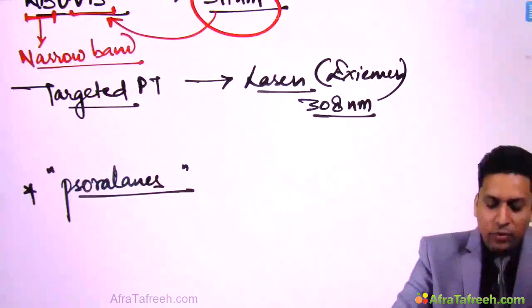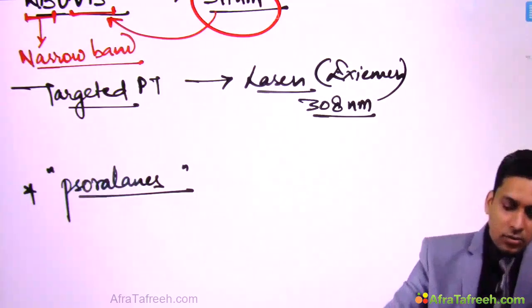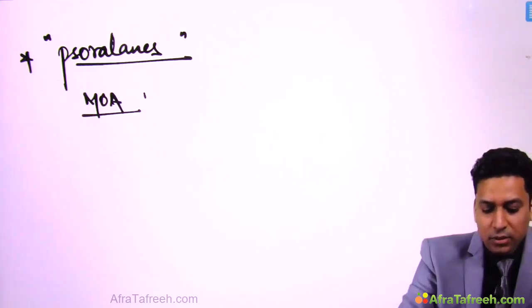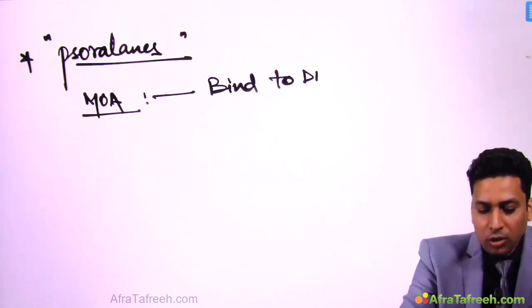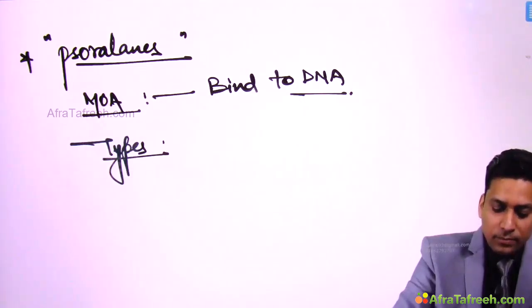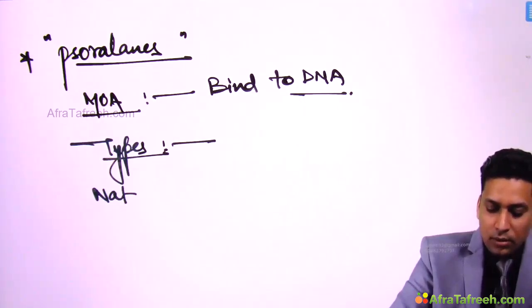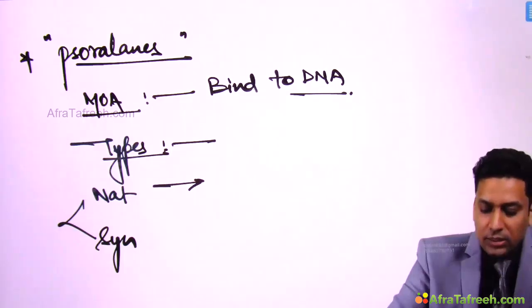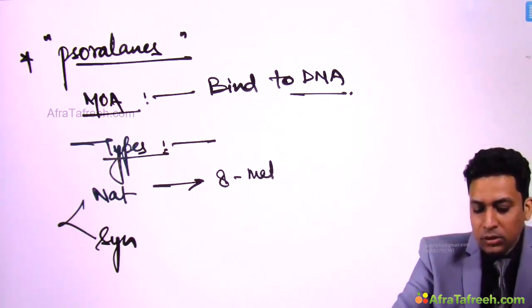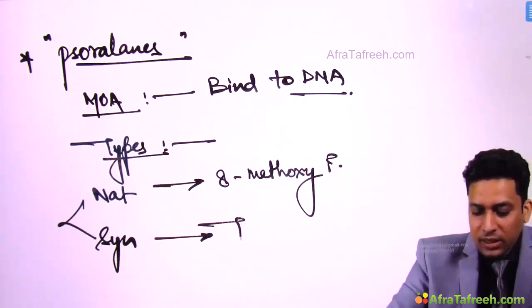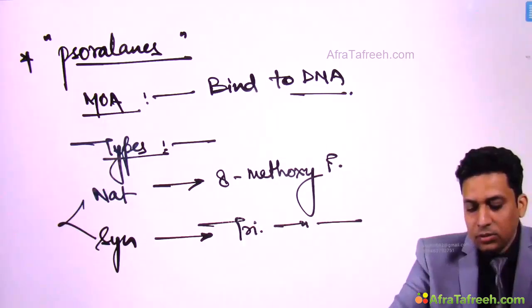Now in these various forms of phototherapy, we use Psoralen. Okay, so Psoralen, how do they work? What is the mechanism of action? So remember, they bind to DNA. There are different types of Psoralen: natural and synthetic. One of the examples of natural Psoralen is 8-methoxy Psoralen, and synthetic Psoralen is trimethoxy Psoralen.